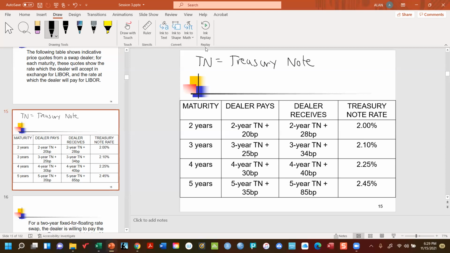Treasury notes, by the way, have maturities from 2 to 10 years. They are completely safe. These are issued by the US government. And the range is from 2 to 10.